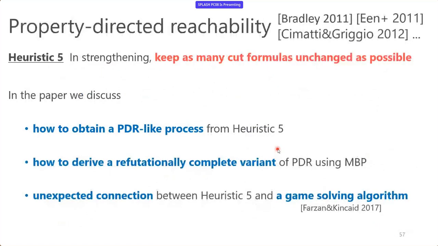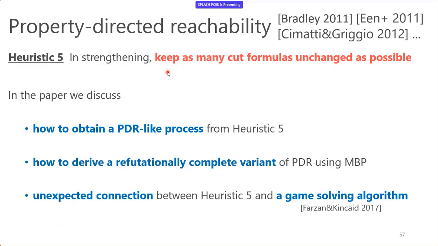Okay. Also, we have introduced a new heuristic for property-directed reachability, which is also a mainstream software model checking algorithm studied in the literature. It says that in strengthening, we need to keep as many cut formulas unchanged as possible.